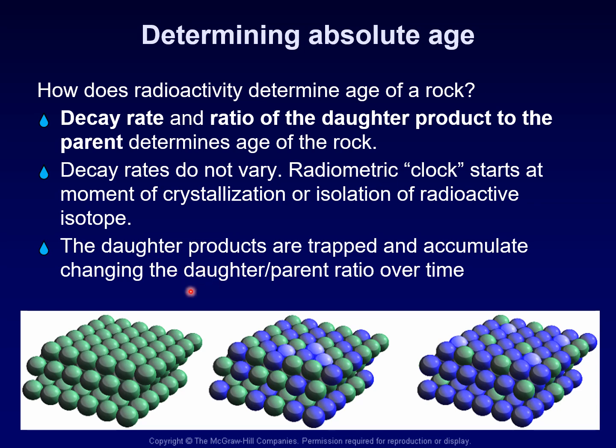And what's important here is that the daughter products are trapped and accumulate over time. They're trapped in the mineral, in the crystal structure, right? And they don't have anywhere to go, right? As long as the mineral is cool and is whole and not exposed to the outside world at all, you'll basically get something that looks like this down here, where you've got a bunch of, let's say, uranium, bound together in these patterns. Then that uranium begins to decay to lead over time.